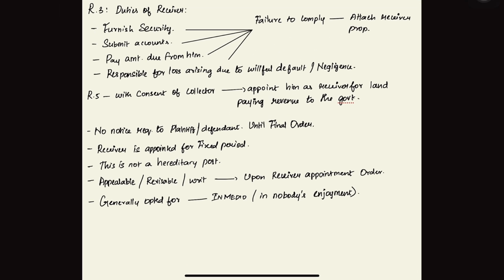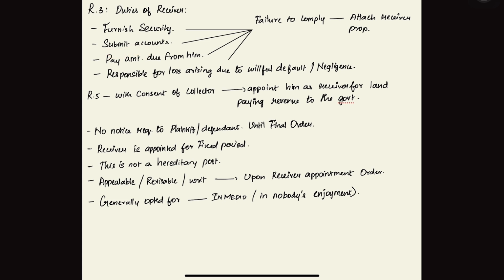And what are the duties of the receiver? The receiver should furnish security, because after all, a human being cannot be trusted, and the court will not trust anybody. So even the receiver should furnish security, and he submits accounts as well.